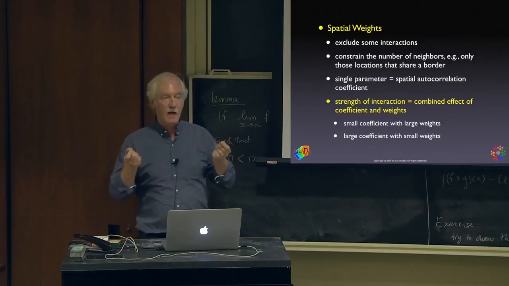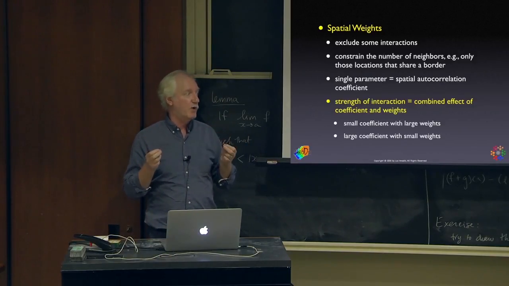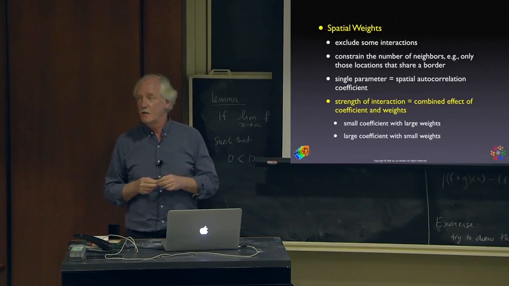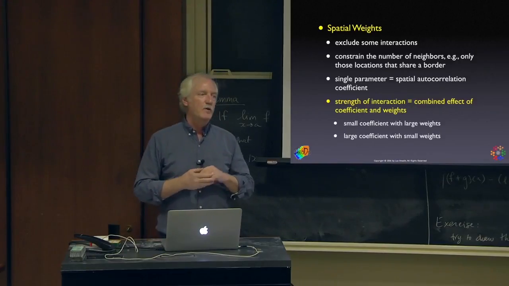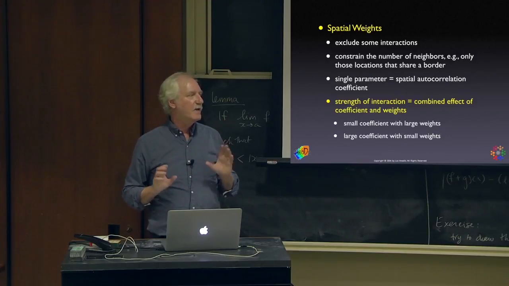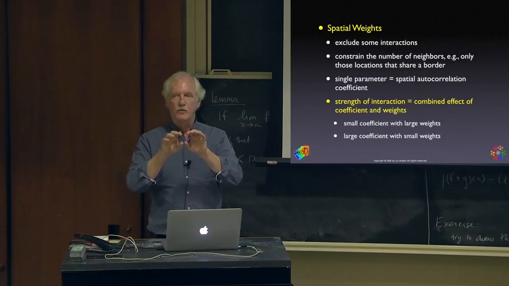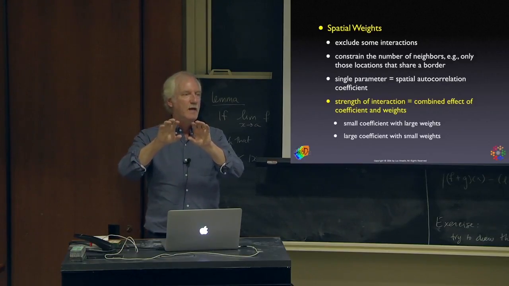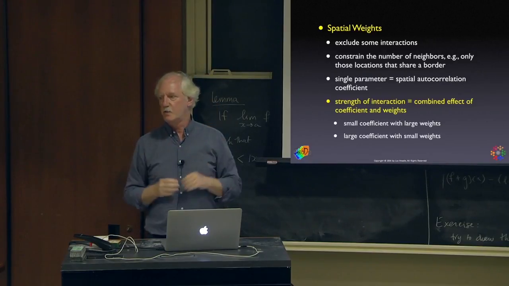The other thing to keep in mind is that we have what is called an identification problem. Again, if you've had econometrics or statistics, whenever you have a model, say, where you have two parameters, A and B, and A and B are multiplied in the model, so you have A times B times some data, then as A gets larger, B can get smaller, and the product is the same.